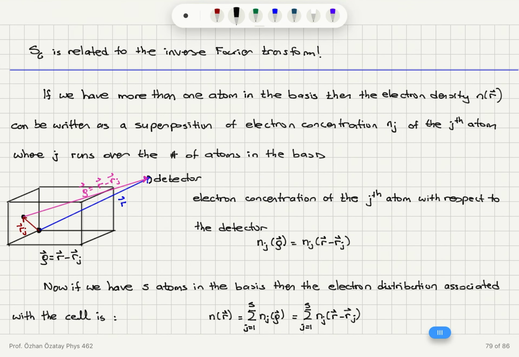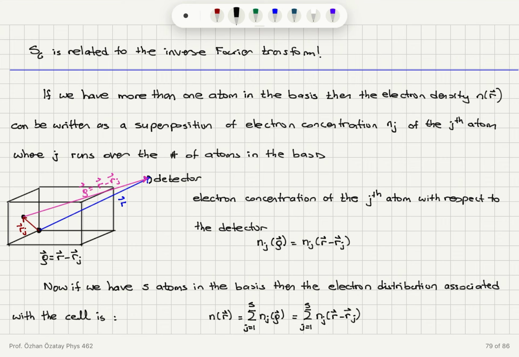So the electron concentration of the j atom with respect to the detector will be determined by n sub j at position rho with respect to the detector, which is n sub j at R minus Rj. So now if I have not 2 atoms but s atoms in the basis, the electron concentration has to be written as a superposition of the contributions from all atoms.